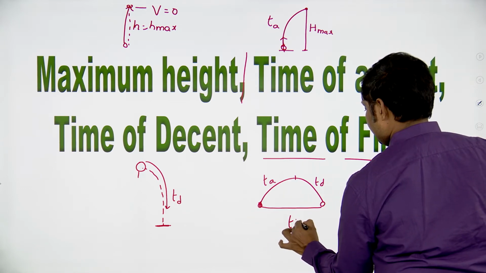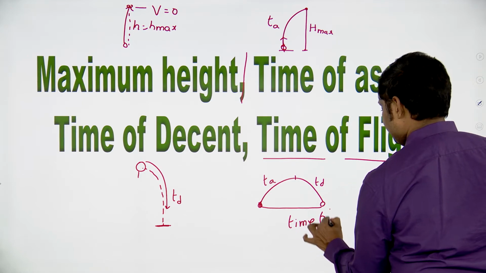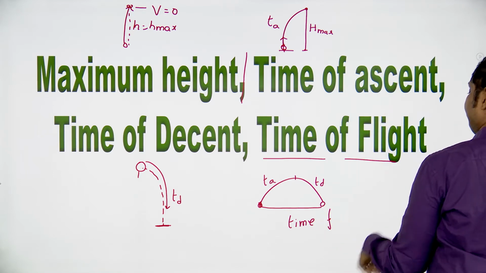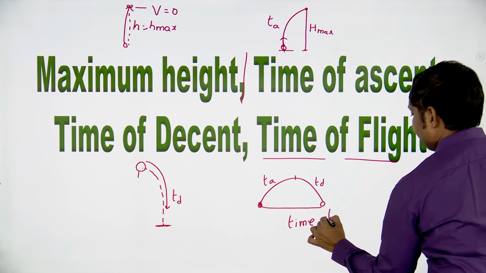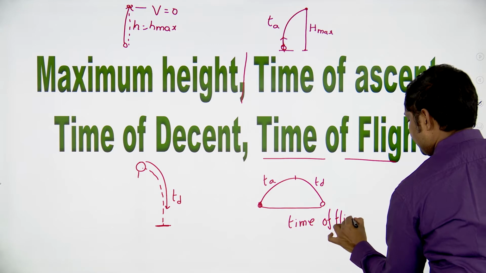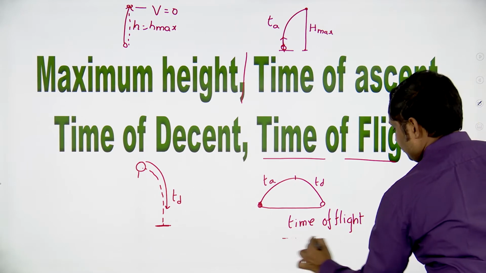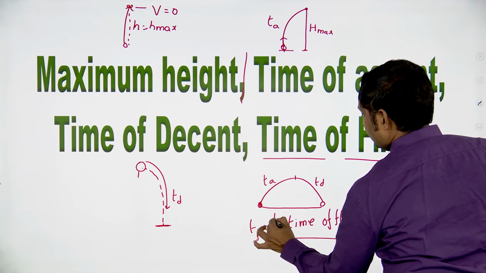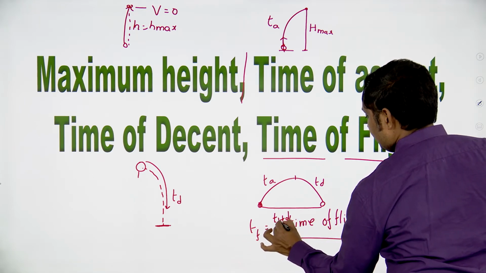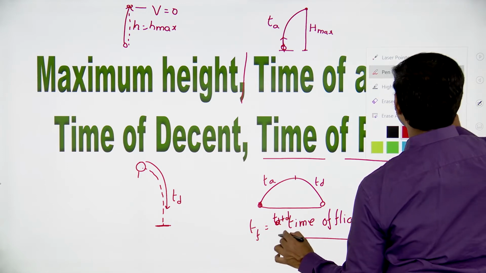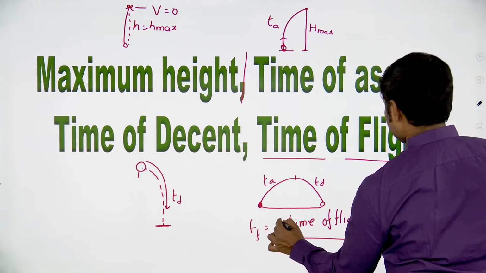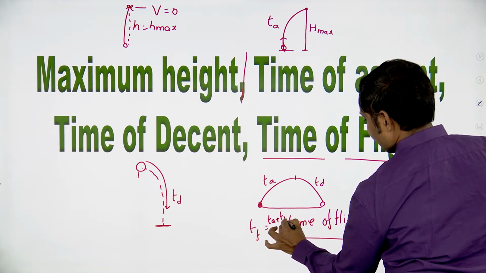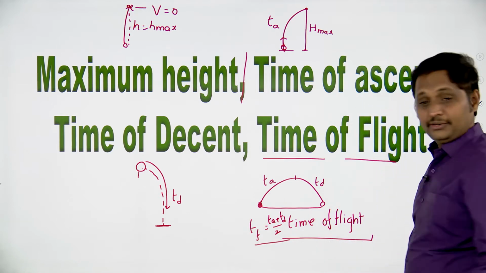So the time of flight Tf is equal to Td plus Ta. Very clear, we would like to go for this one.